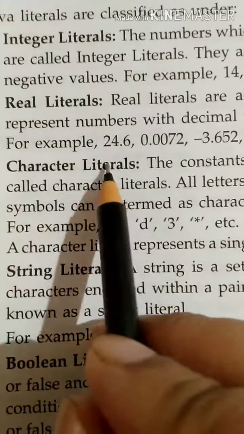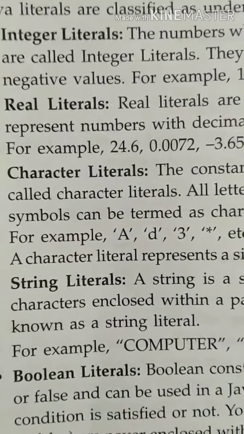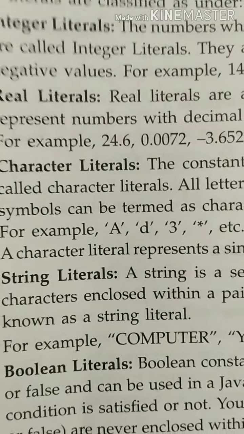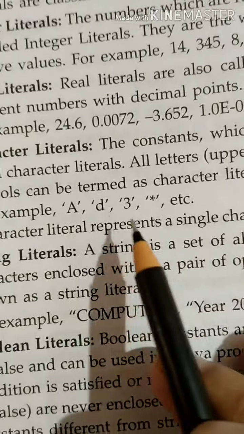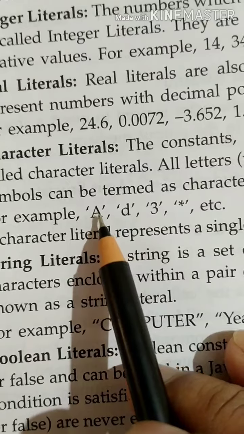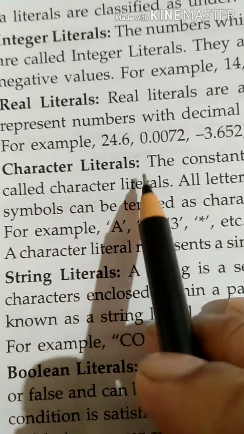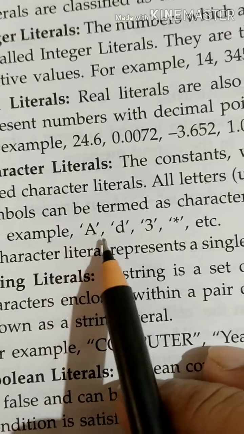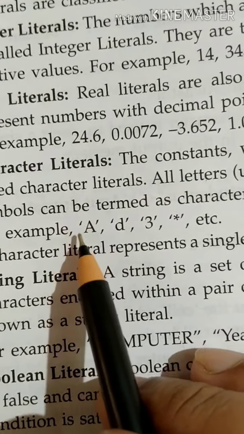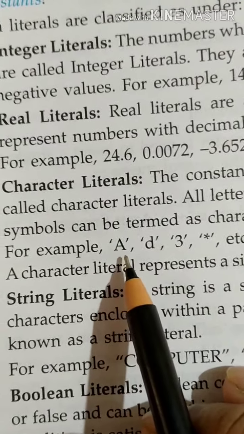Okay, character literals are also divided into two types, single character and string. If you are writing this, see, this is the single character. If we are writing one letter under single quotes, that is called a character literal.